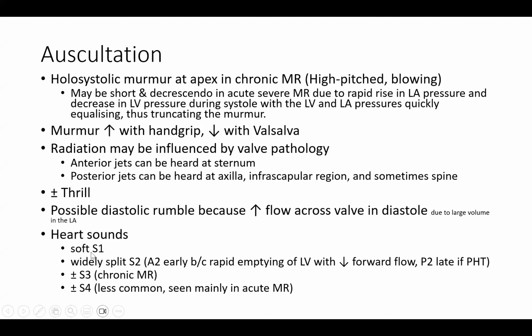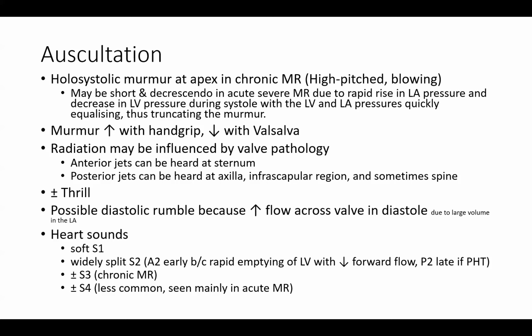The heart sounds, the S1 could be soft because, like we've said, the leaflets are not even coapting properly. Sometimes they're not even reaching each other to make the sound. So it could be pretty soft. And they could have widely split S2 because the aortic flow is reduced.